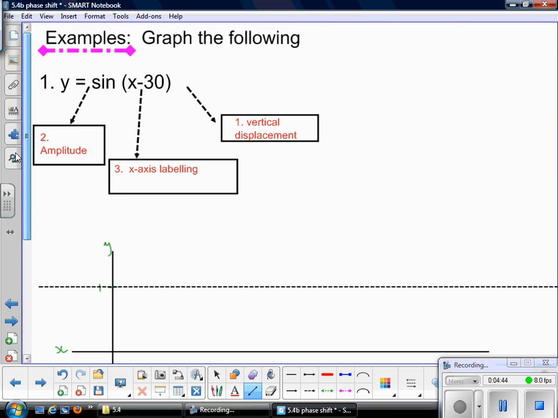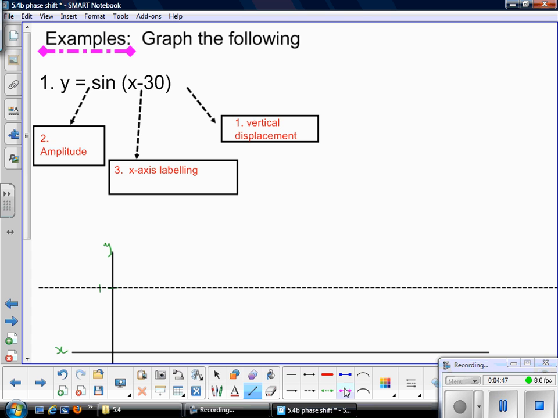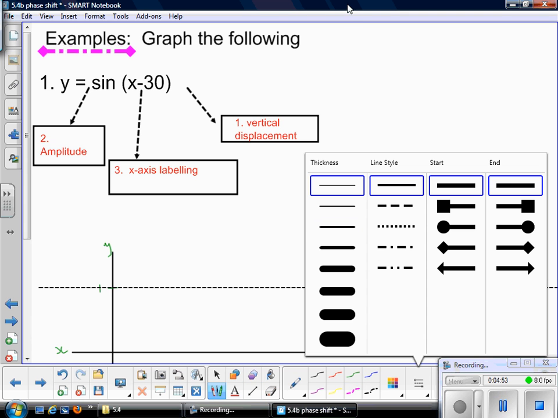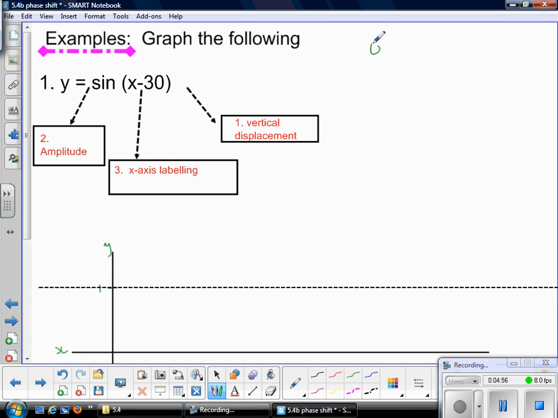So when I do that, as I said, the easiest way is to take what we know and change it. So what I know, first of all, is my important values before were 0, 90, 180, 270, and 360. What I'm going to do now is add the opposite. So the opposite of minus 30, I'm going to add 30 to every single one of these now.